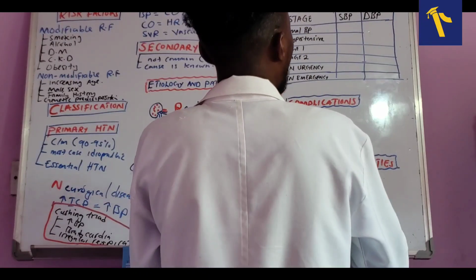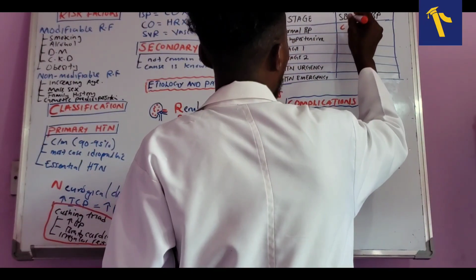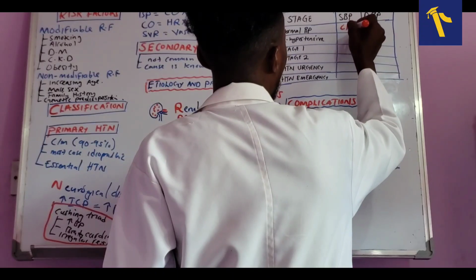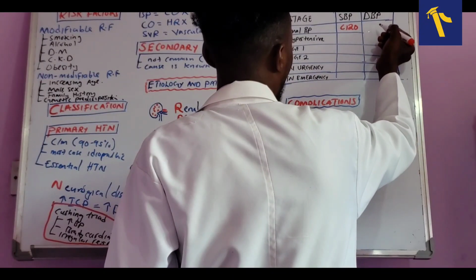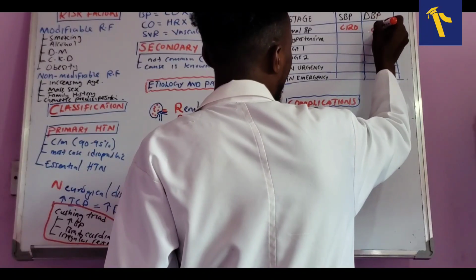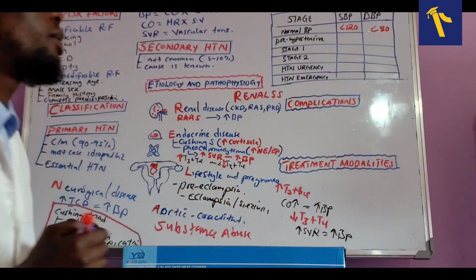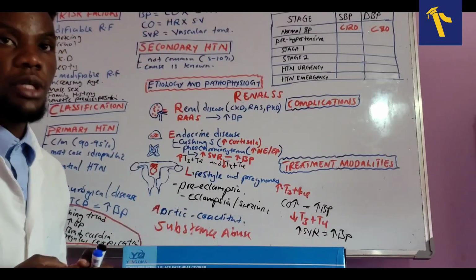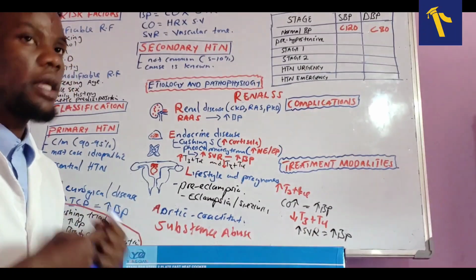basically for systolic blood pressure it has to be less than 120, and for diastolic blood pressure it has to be less than 80. Okay, so this is the normal range for what? Blood pressure. That's the normal range, less than 120 and less than 80.